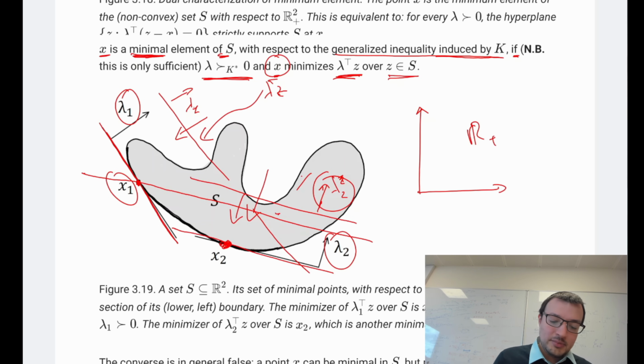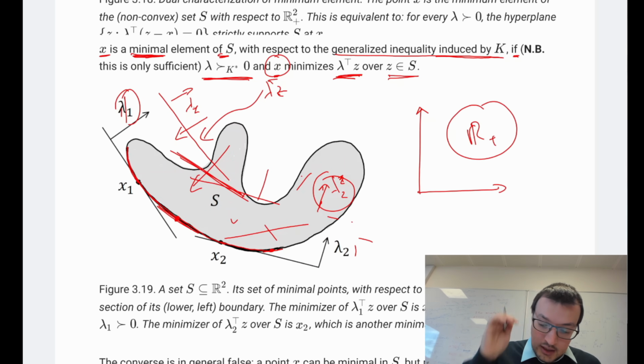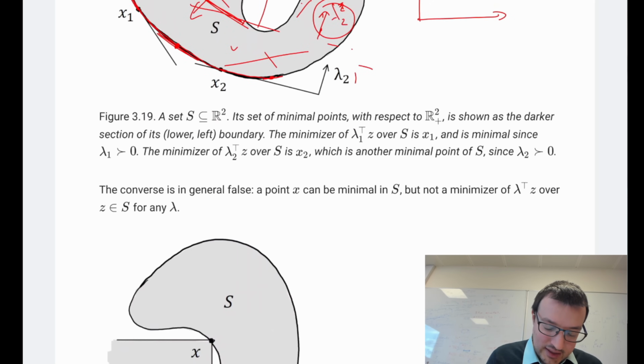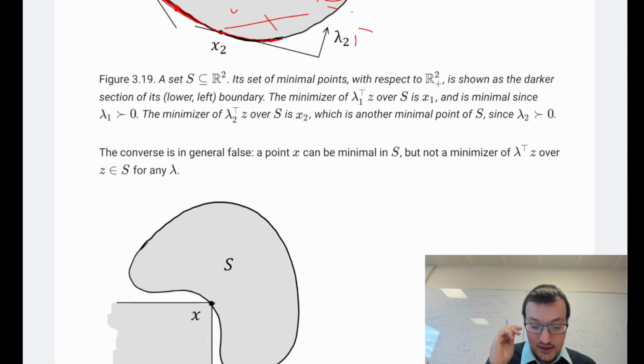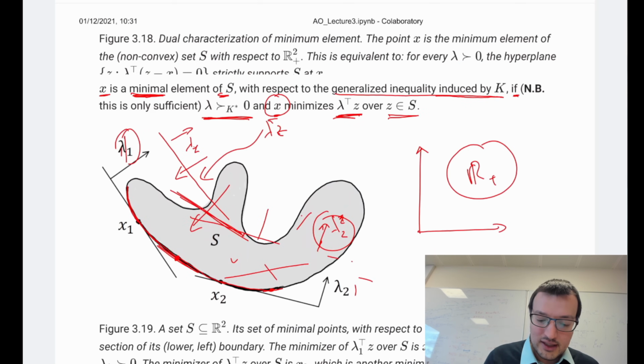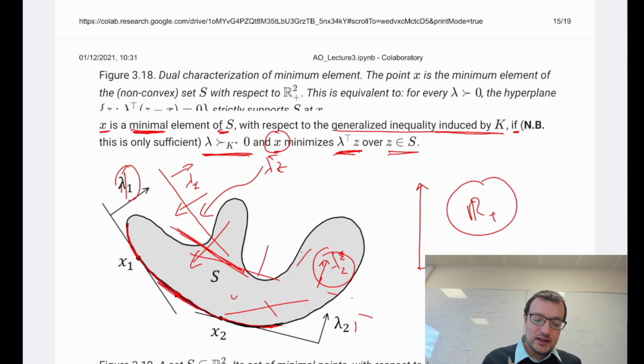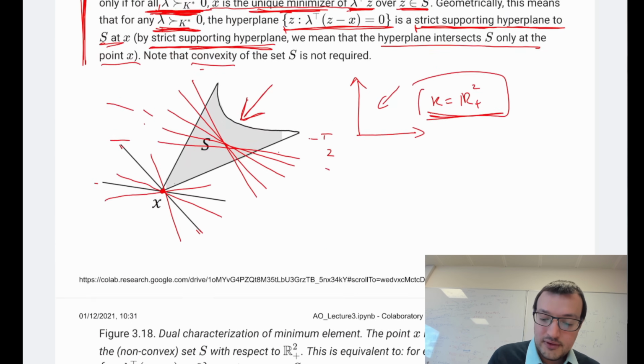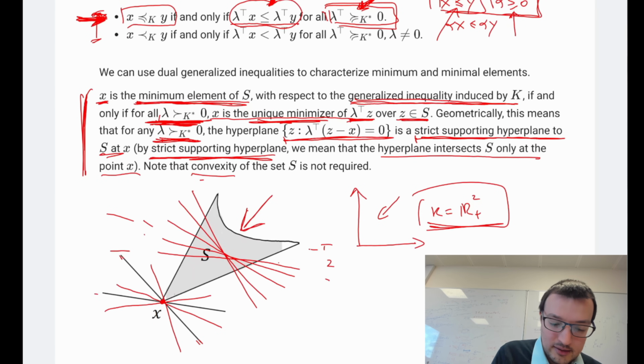And so by repeating this with all lambdas, we can find a lot of minimal points. One important thing to realize though is that we have to be careful here. This is very tricky, and you have to pay a lot of attention. First of all, the definition of minimal is just a sufficient condition, and this is different from the minimum definition.